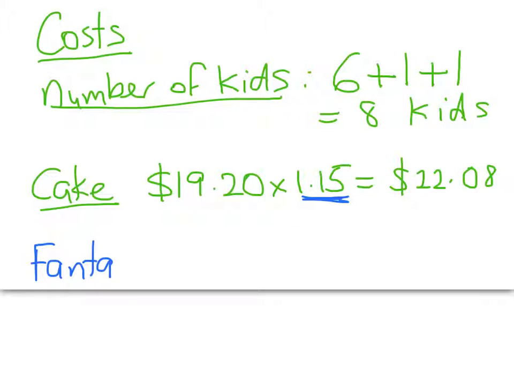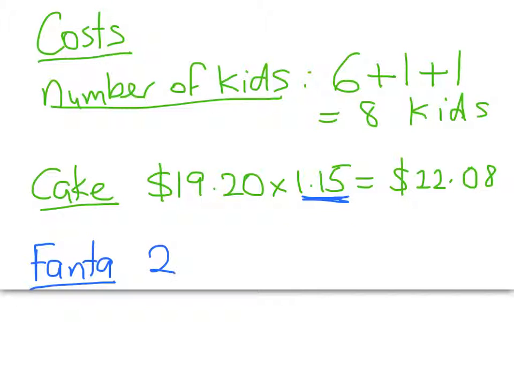Right, so we go back and we read really closely what's being asked. Fanta usually costs $3.60 per 2 litre bottle, including GST. But it is on sale at a discount of 15%. She buys 2 bottles. Okay, so if you want to, you could work out both bottles in one go.